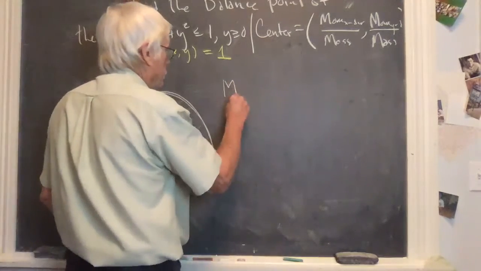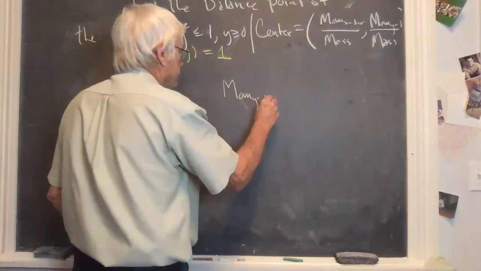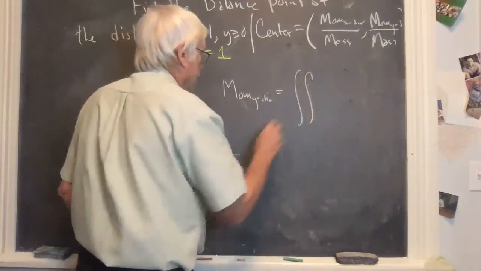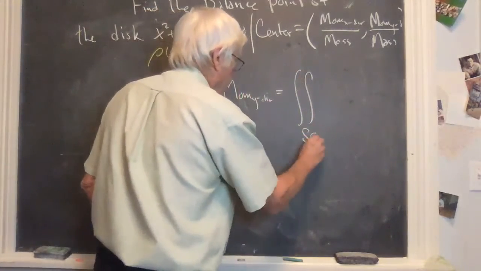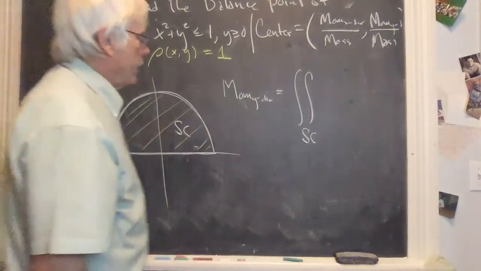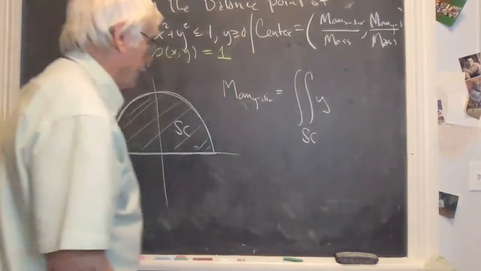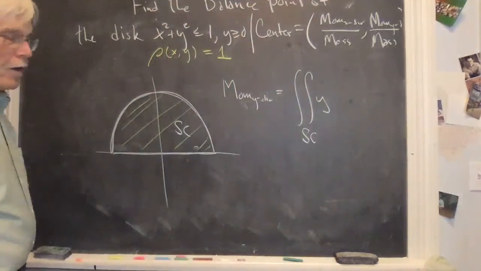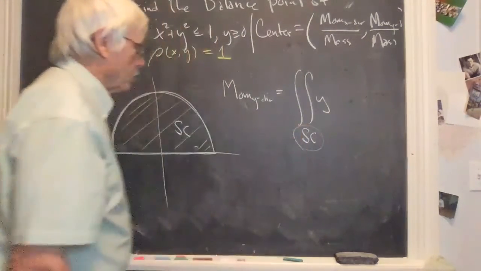Maybe we'll compute both. So the moment in the y direction is equal to the integral over this semicircle, SC, and it's just of the y value. So now this amounts to being able to describe the semicircle in a reasonable way.